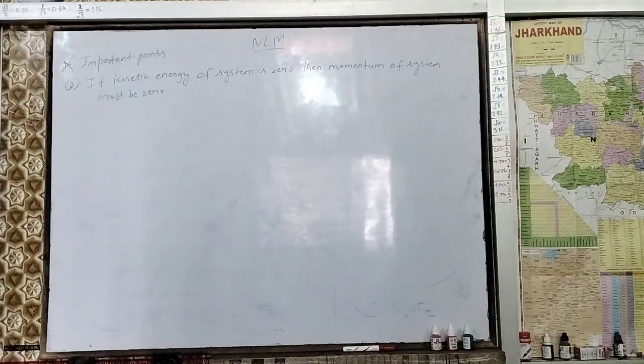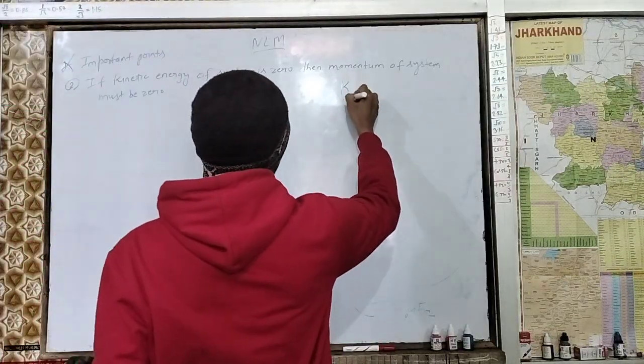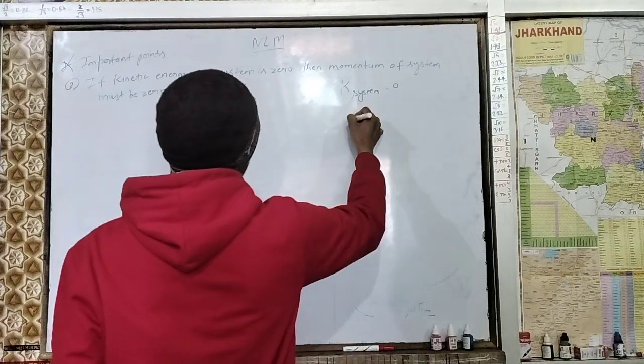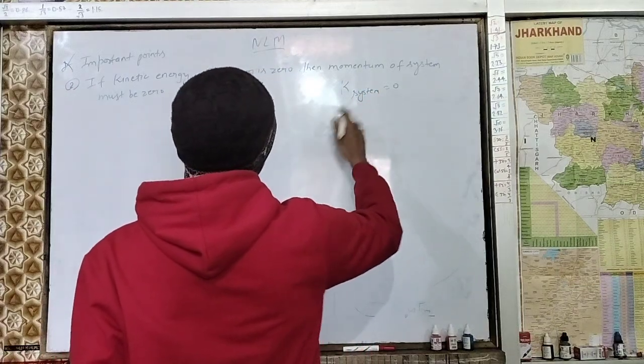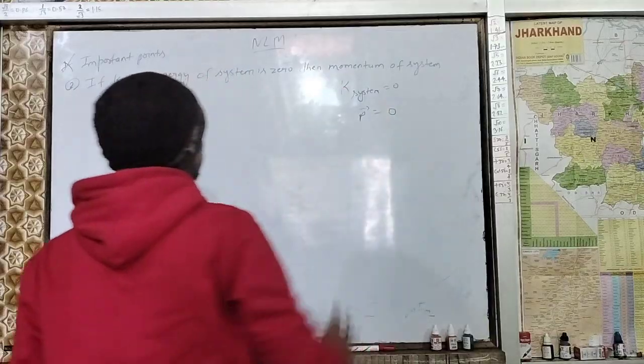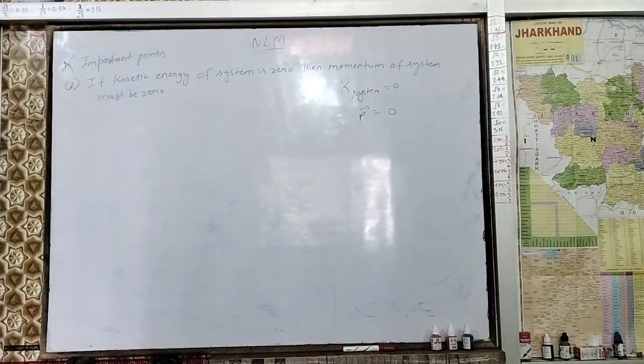If K system is 0, then the momentum of the system must be 0. Again, it must be 0. Just the opposite of what we saw previously.